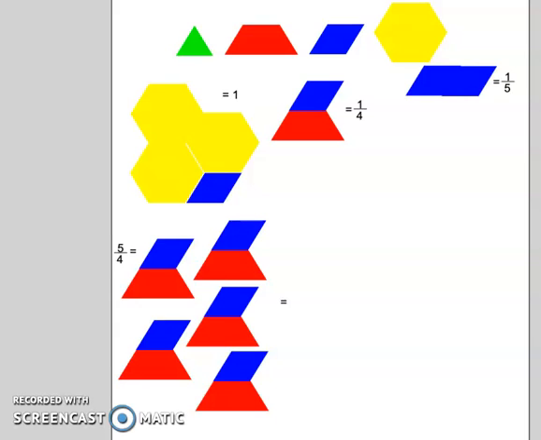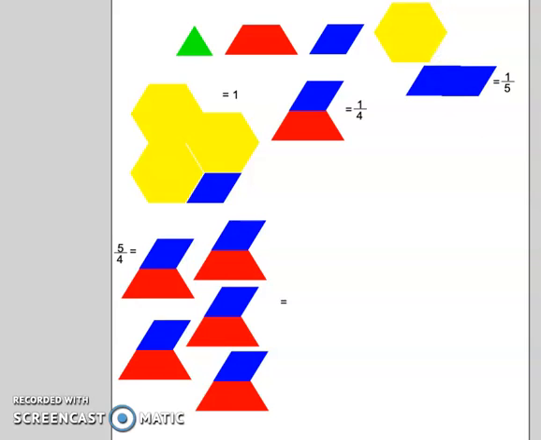And now we will turn our attention to the pattern blocks. What I want to show you here is that we can define our whole to show both of the denominators, what 1/4 looks like and what 1/5 looks like.